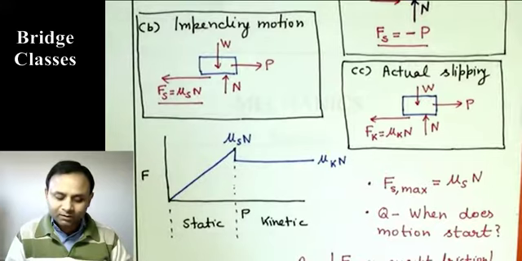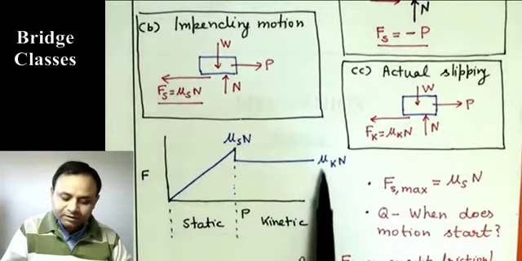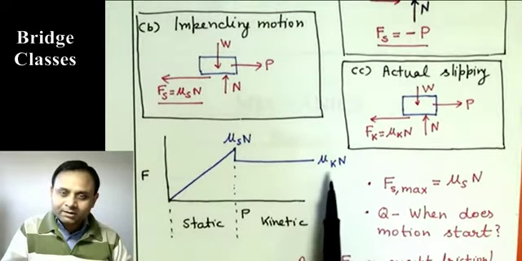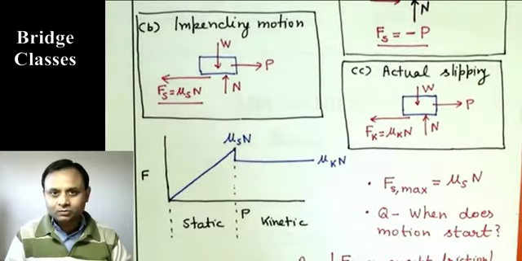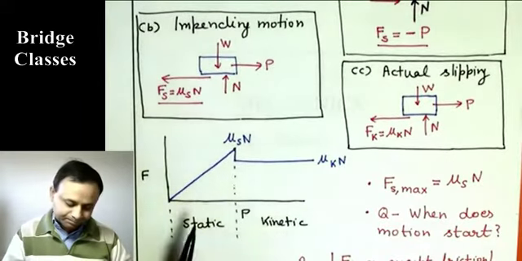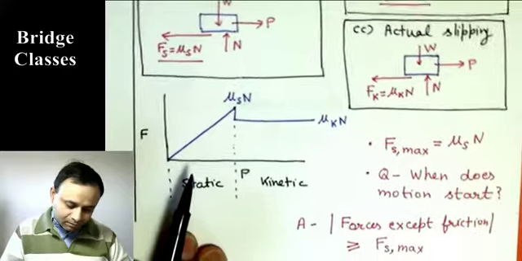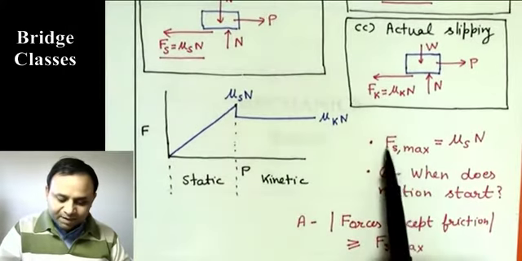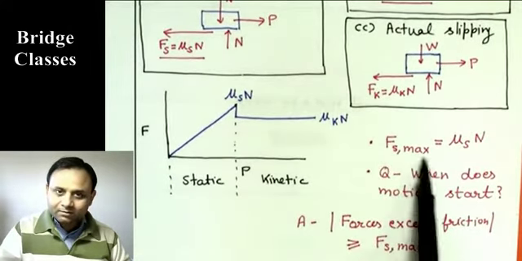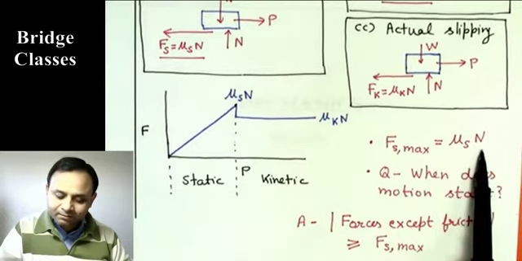We'll have to figure that out. And if it is kinetic friction, it will be mu k N, and its direction will be opposite to the motion. So the maximum static friction is given by mu s N.